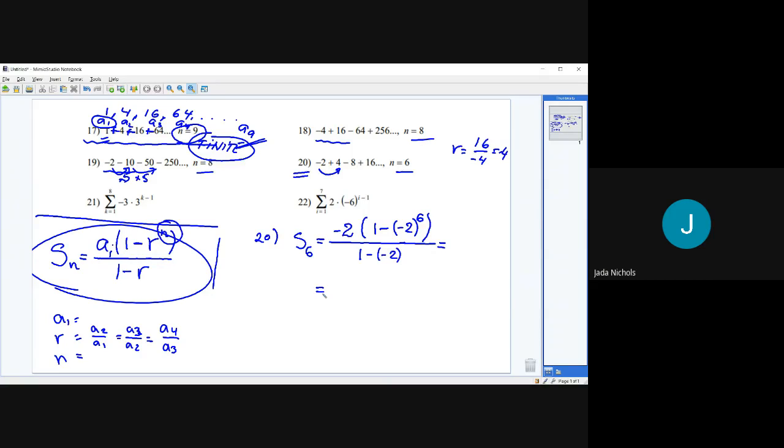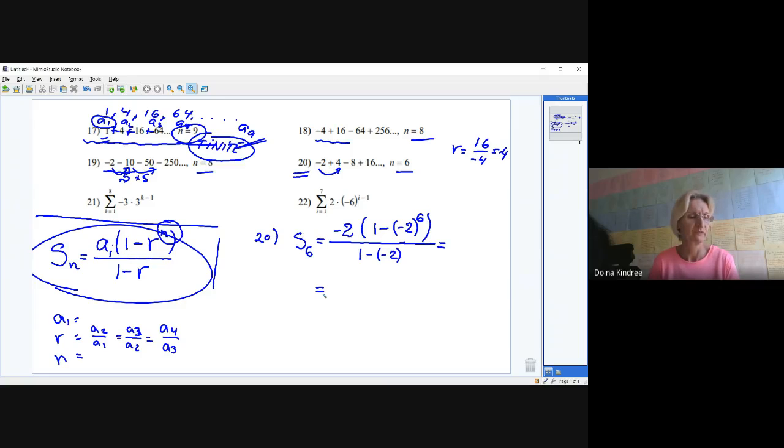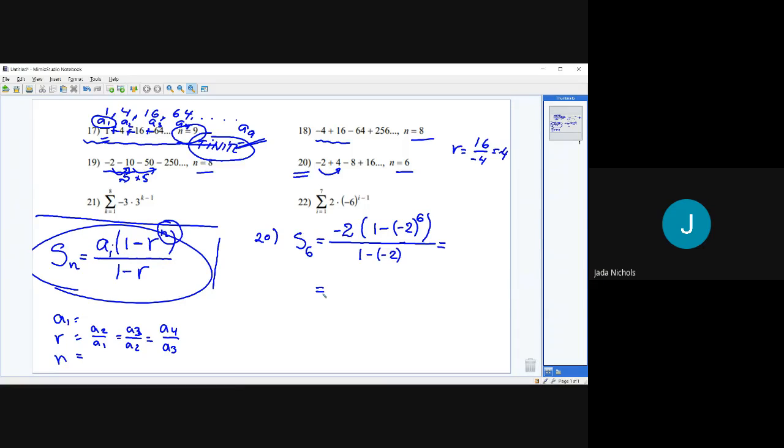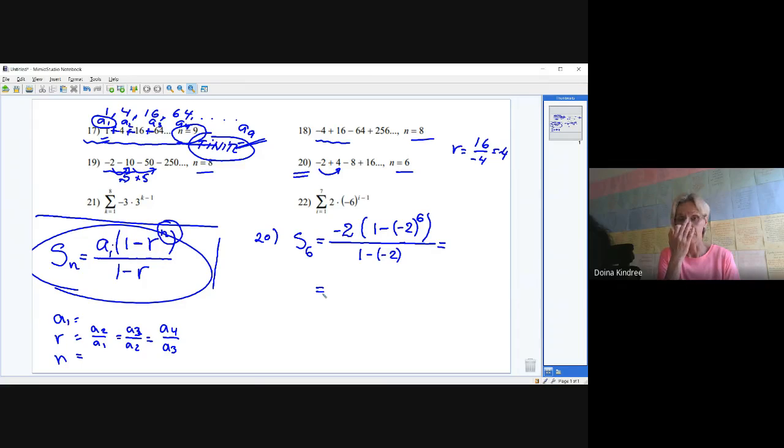When I put it in the calculator, I put it in exactly like that. If it doesn't look like that, of course you'll get a different answer. If you wrote something wrong, that's another discussion.